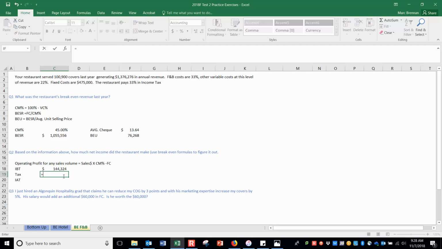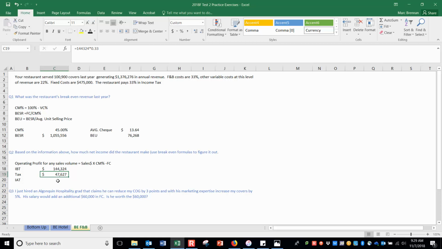Now, the question says net income. So if this is my income before tax, which is my operating profit, I need to take away tax to find out my income after tax. $144,324 multiplied by that income tax that's mentioned here, 33%. So that's how much I have to pay in tax.